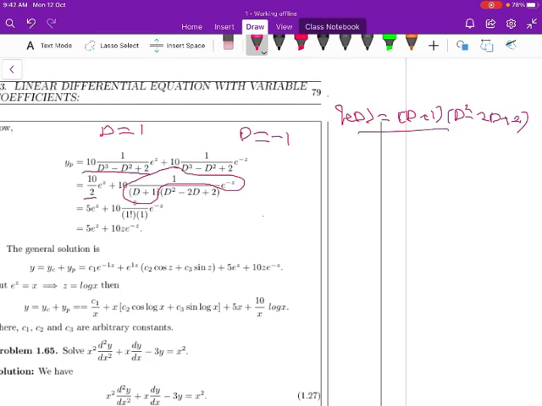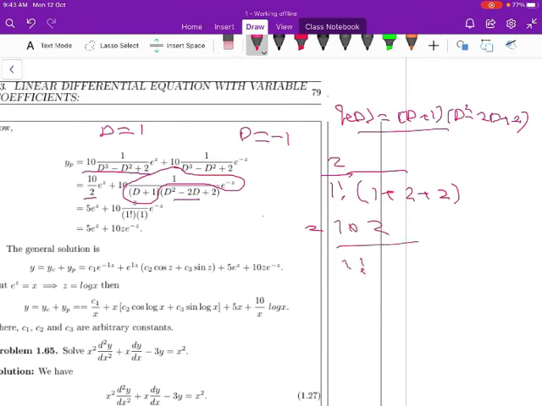So now 1 by D plus 1 into e power minus z can be written as z by 1 factorial, and operate D equal to minus 1 for the denominator D square minus 2D plus 2 for the rest of the term. That can be written as D square is minus 1 whole square, that is plus 1, plus 2 plus 2, that is 5.